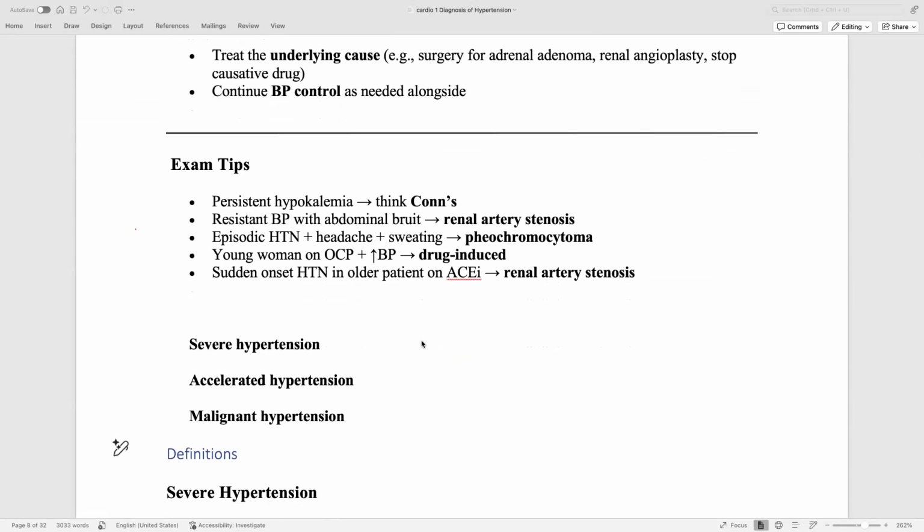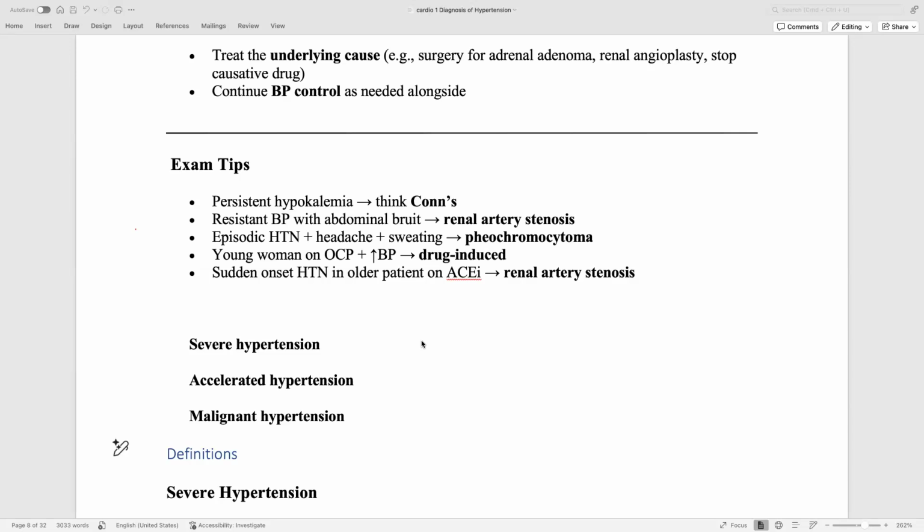So if a scenario has a patient with hypertension and hypokalemia, we'll think of course of hyperaldosteronism. Okay guys, if a patient came with hypotension and there is hyperkalemia, what do you think? Addison's.